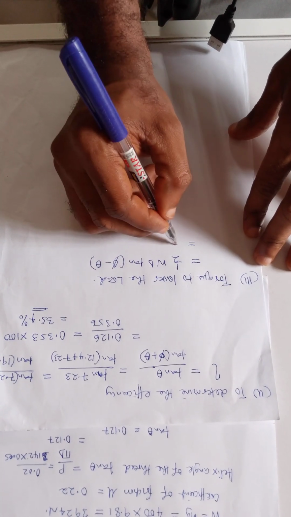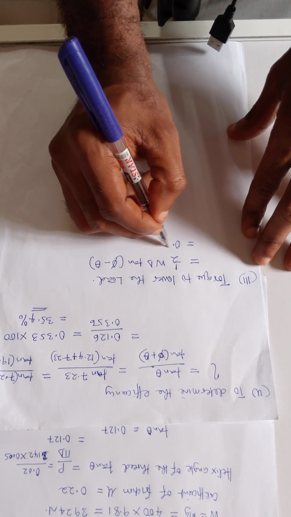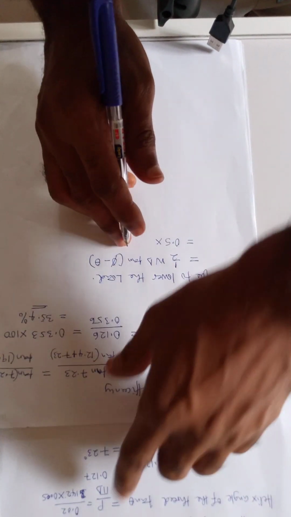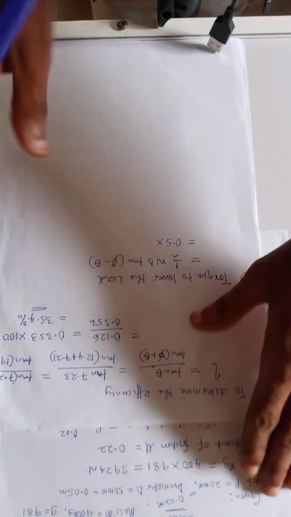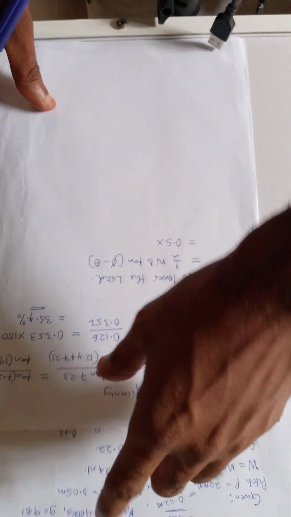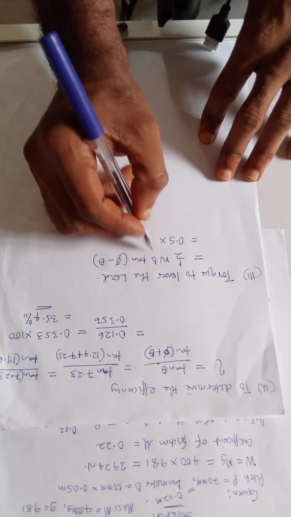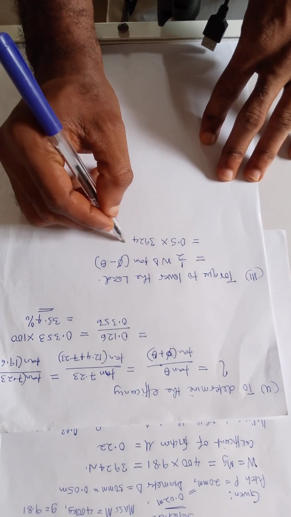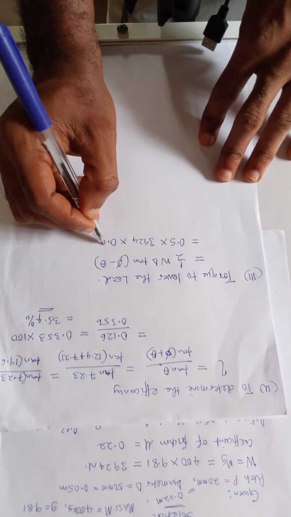This will give us 0.5 times our weight, which we've calculated to be 3924, times our diameter, 0.05.